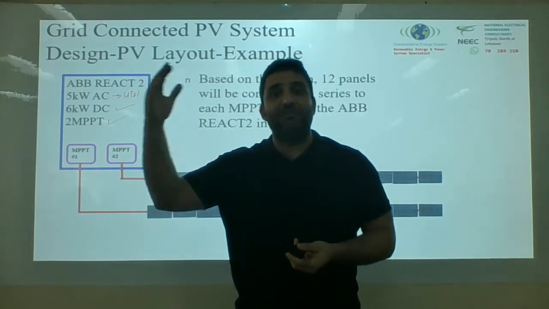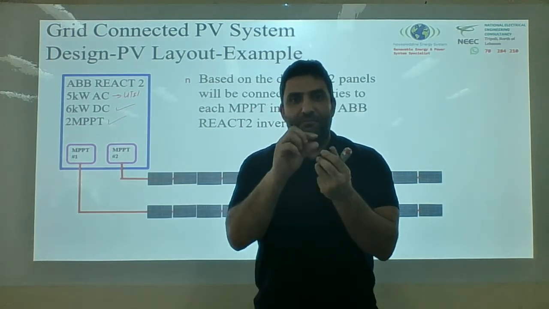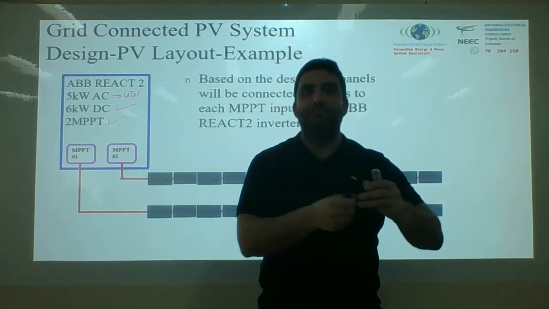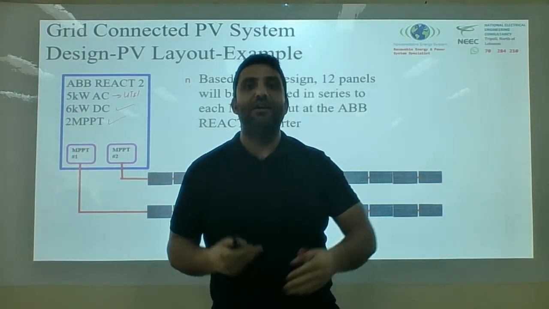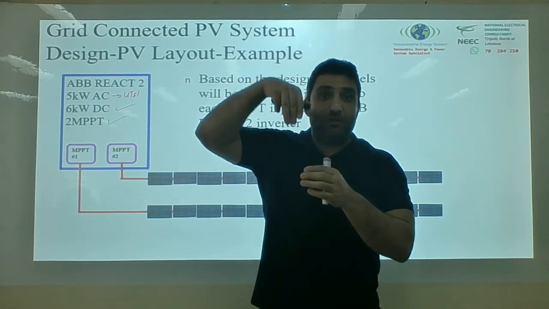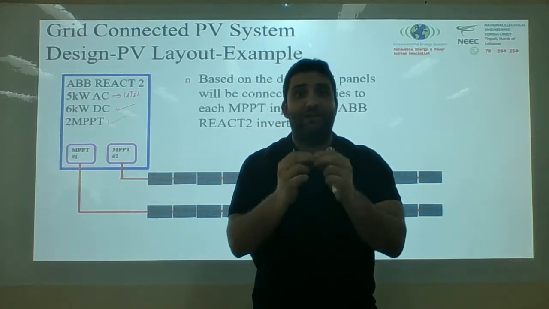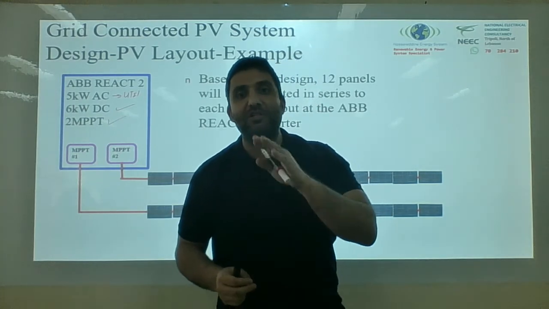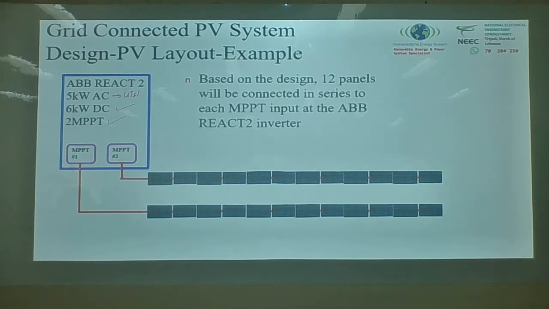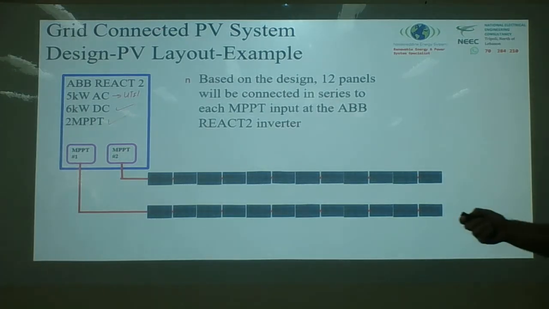When the temperature increases, because it's made of conductive material, the resistance increases and the efficiency of the panel decreases, which means you will not get to 250. If you have, for example, 1000 watt per square meter hitting the panel at 35 degrees, you still don't get the 250 watt output of this panel. But now we're doing the design. This is a good design system.